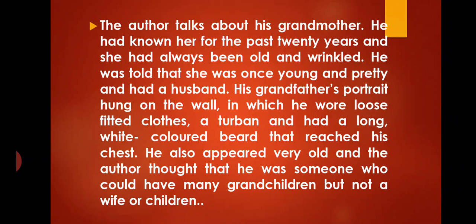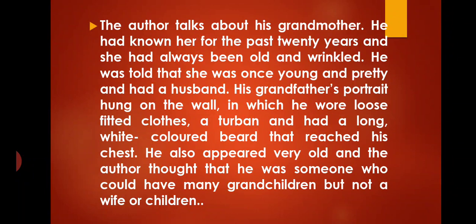So how was the portrait of that grandfather? Let's see. His grandfather's portrait hung on the wall, in which he wore loose-fitted clothes, a turban, and had a long white-colored beard that reached his chest. He also appeared very old, and the author thought that he was someone who could have many grandchildren but not a wife or children.